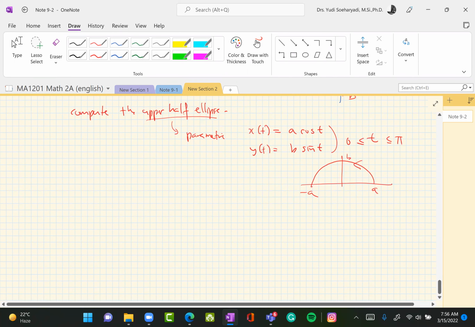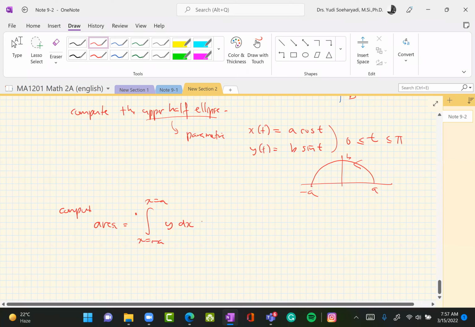Okay, so let's compute this area. We compute this one, x goes from a to, sorry, I should write it as from x equals negative a to x equals a.